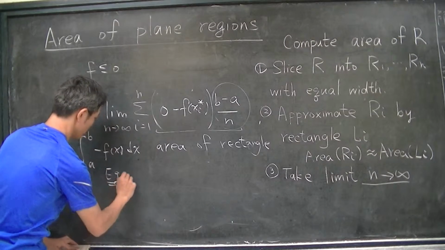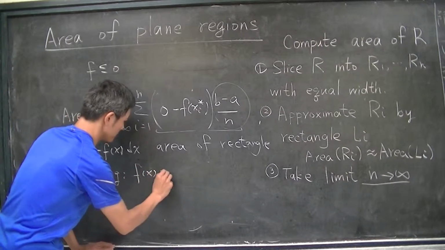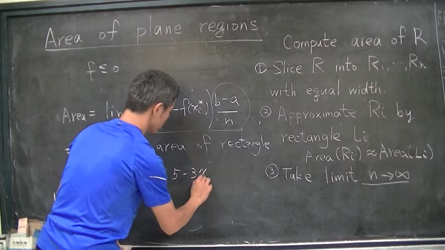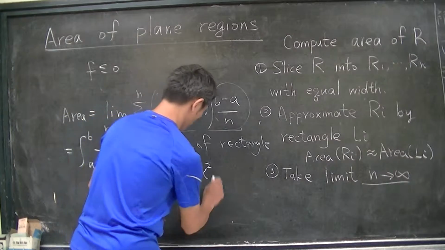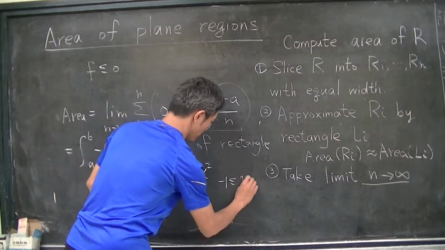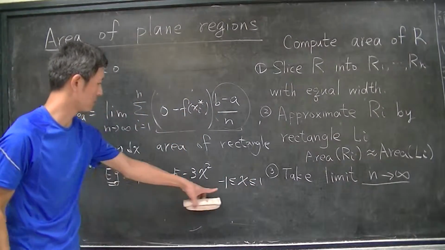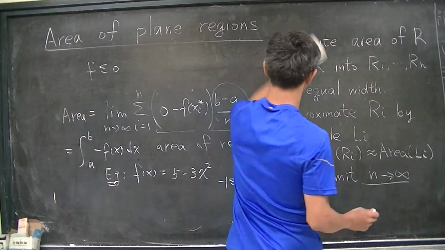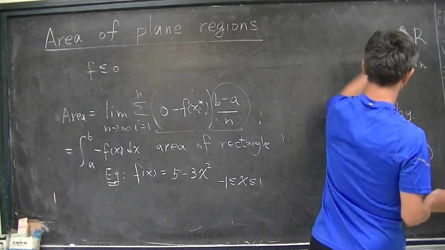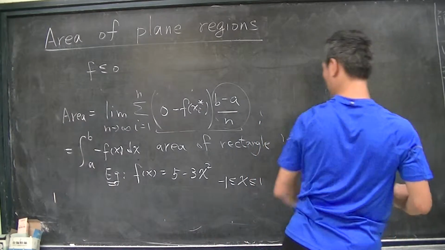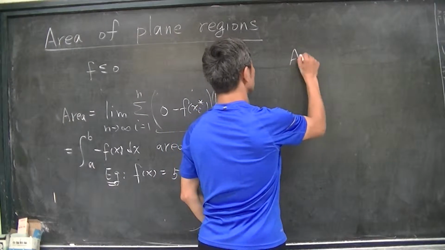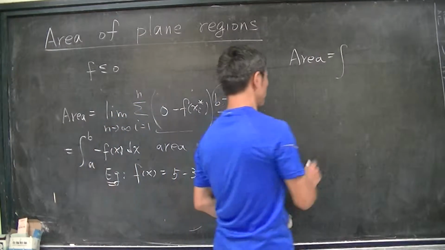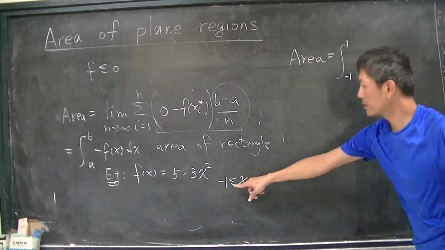For example, if now our f is like 5 minus 3x squared, and we consider x between negative 1 and 1, then the area is given by integrating from negative 1 to 1.